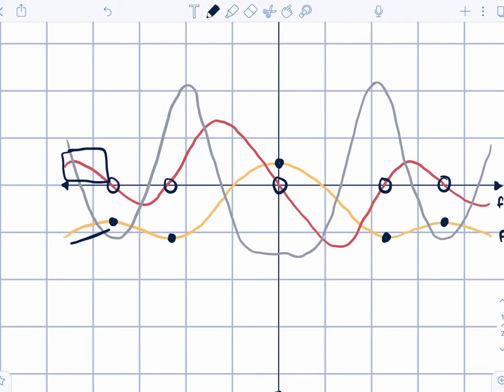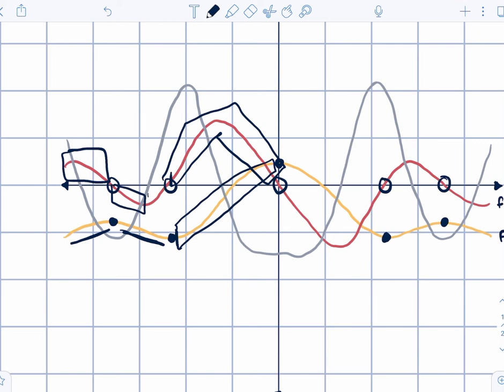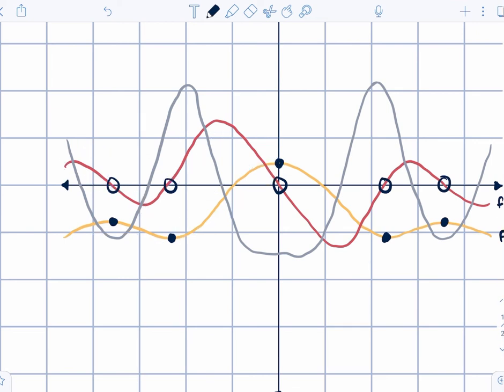That matches up until you get to here where it starts decreasing, and then right there the slope gets negative, and then it starts increasing here, up all the way here, and then right here the slope is positive for that whole section. So that so far checks out.